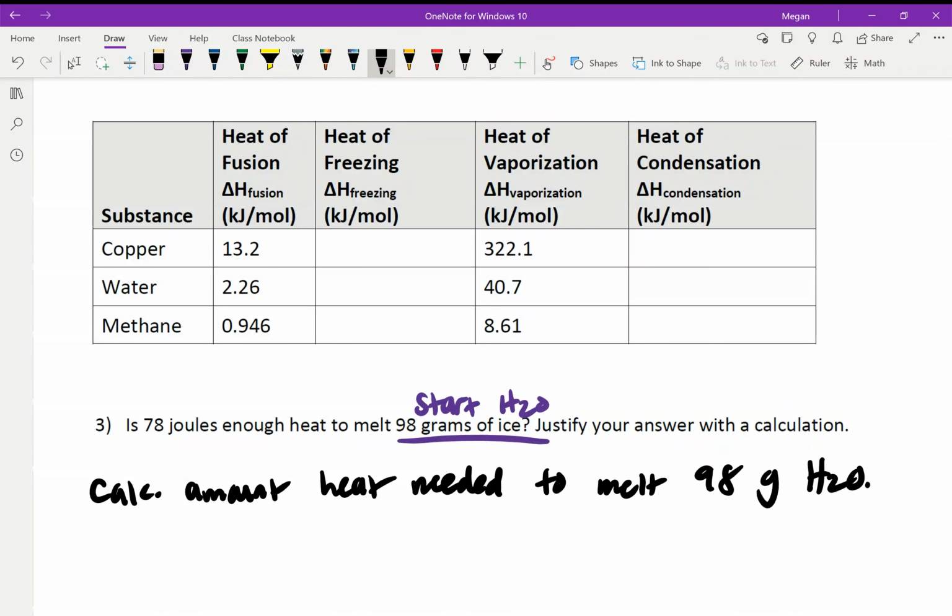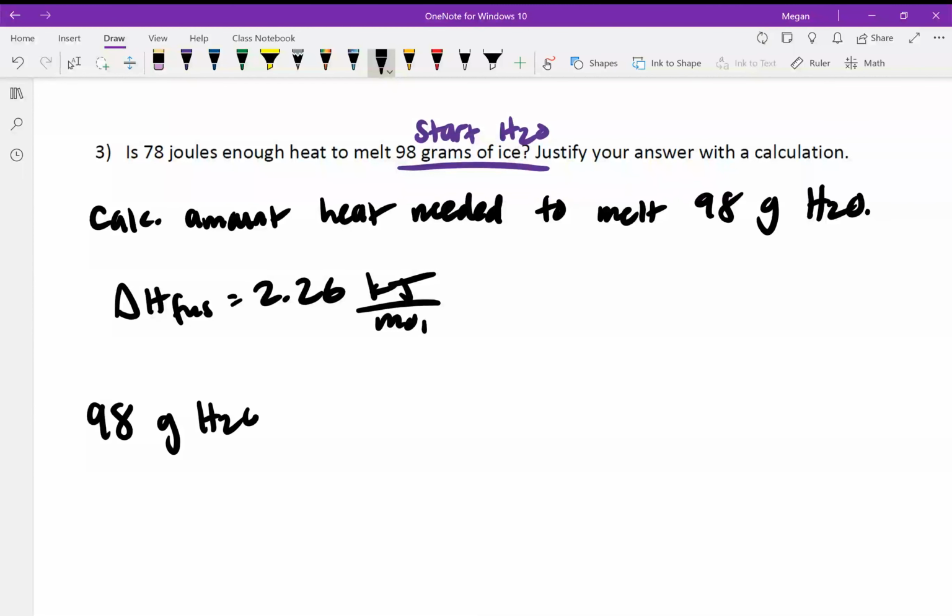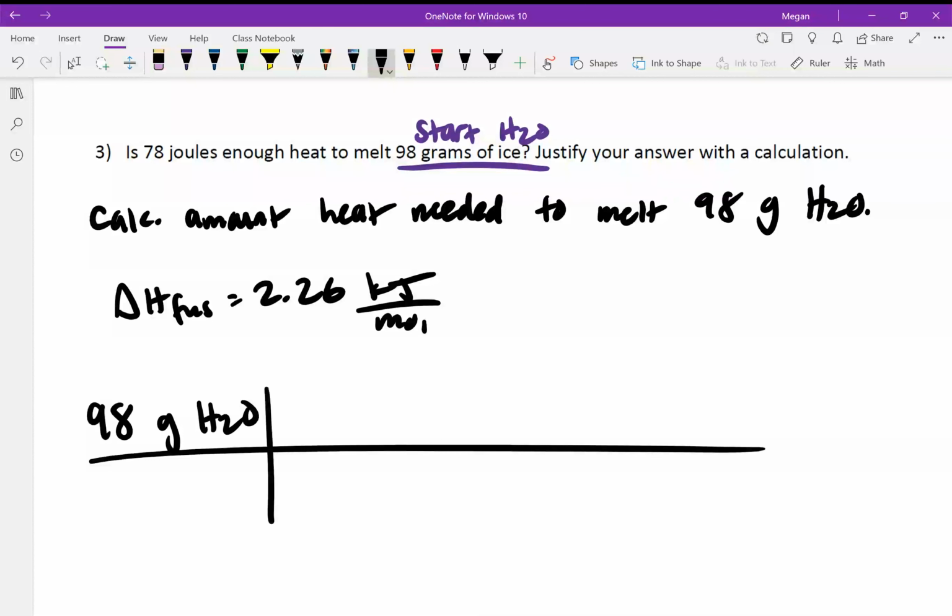So we're melting, we're dealing with fusion. We want to look at water and the heat of fusion value for water. Water is 2.26 kilojoules for every 1 mole. So we're going to take our 98 grams of ice and convert that over to kilojoules. 1 mole of H2O has a molar mass of 18.02 grams.